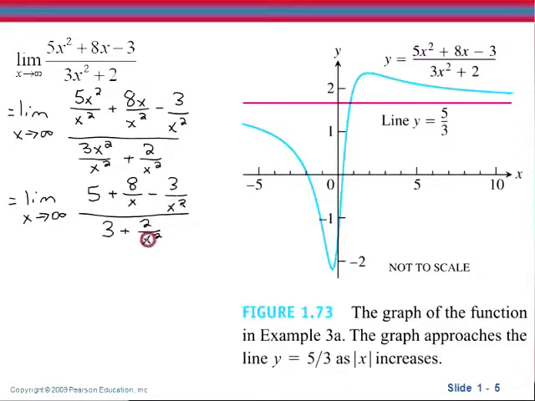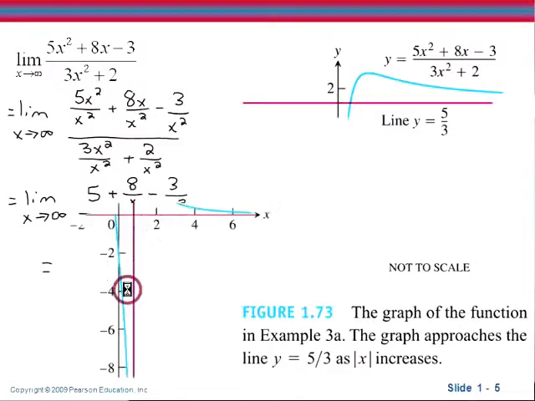Now, if you think about what happens as each one of these denominators becomes infinitely large, 8 over x, 3 over x squared, and 2 over x squared are going to become closer and closer to 0. So this limit is going to be 5 plus 0 minus 0 divided by 3 plus 0, or 5/3. So as our x's get larger and larger, our y's are going to approach the line y equals 5/3.